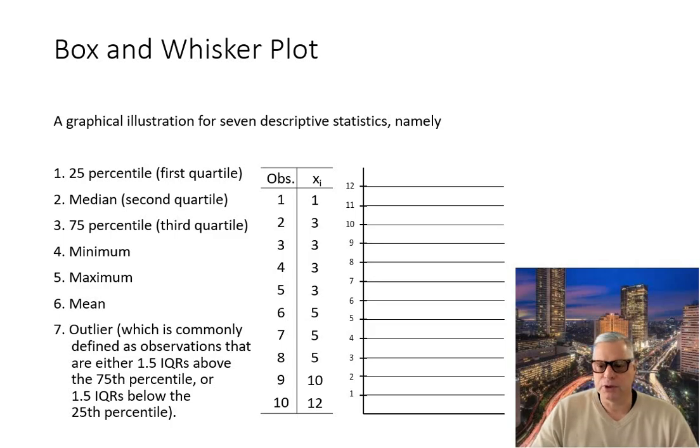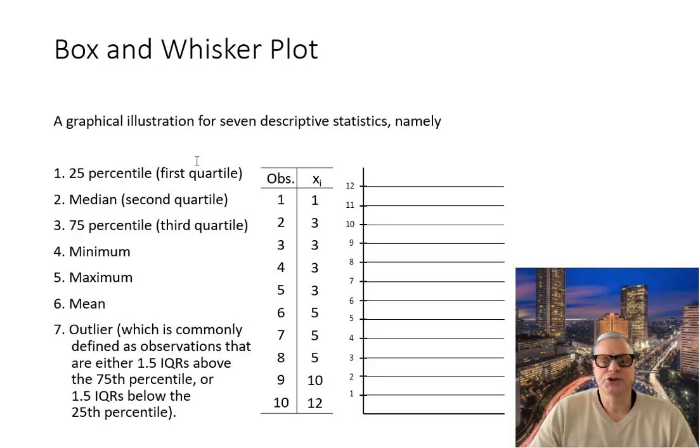So it's important to understand what you can see in a box and whisker plot. And what I want to do on this slide is actually derive a box and whisker plot from our data here. So we have 10 observations and the data is already sorted.